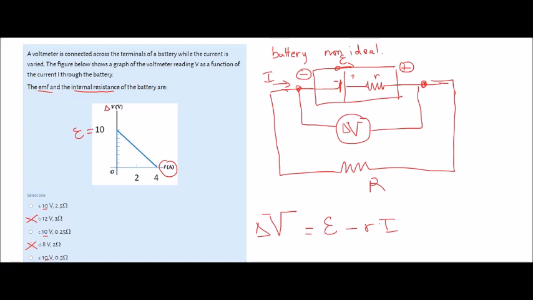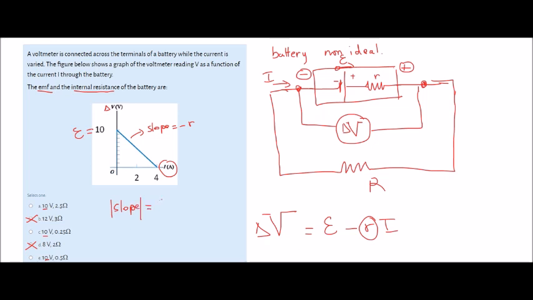And what is the internal resistor? That's basically the negative of the slope. That's the slope. What is the slope? Slope is minus R. So let's calculate the slope, or absolute value of the slope. What's that?